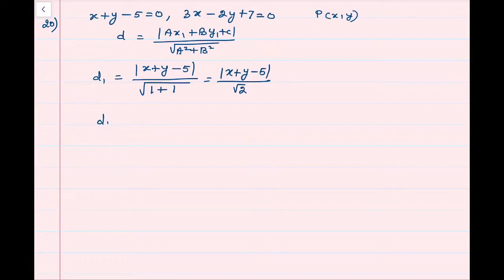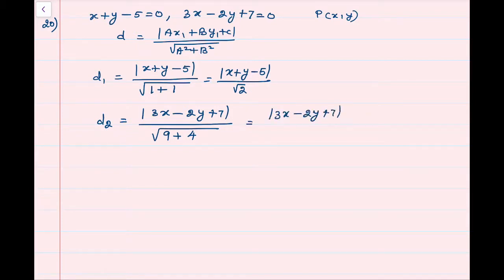Let d2 be the distance of point P from the second line, which is absolute value of 3x minus 2y plus 7 divided by root of 3 square plus minus 2 the whole square. Absolute value of 3x minus 2y plus 7 divided by root 13.